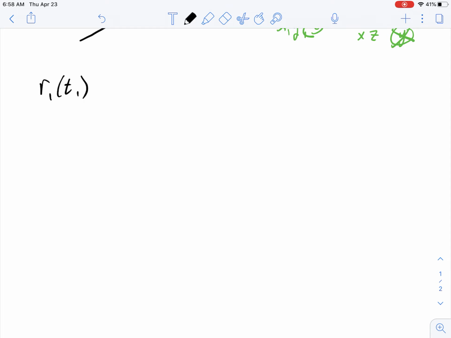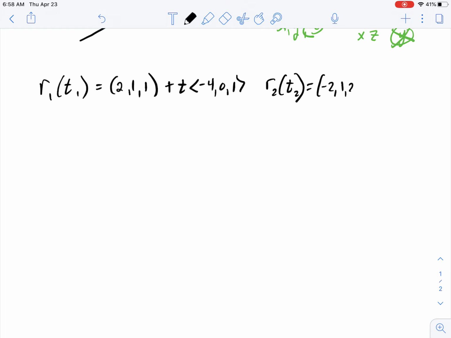So you have, let's say R1, so that would be T1, and let's say our starting point is 2, 1, 1 plus t, and let's say negative 4, 0, 1, and our second equation, R2, so we'll call this T2, and we have negative 2, 1, 2, and therefore this is time 2, and our slope is 2, 1, negative 2.